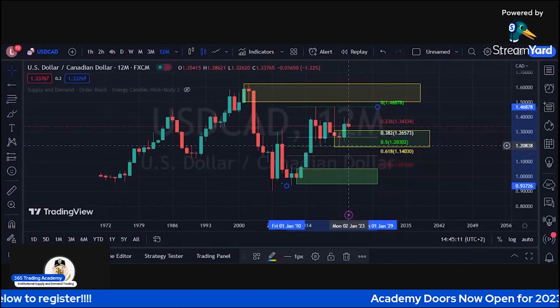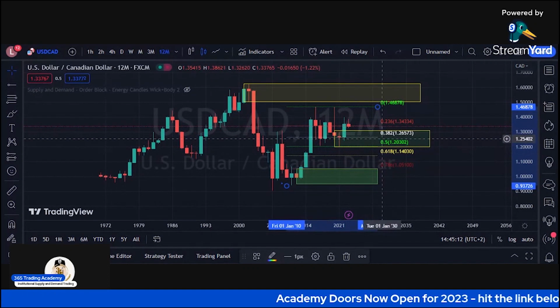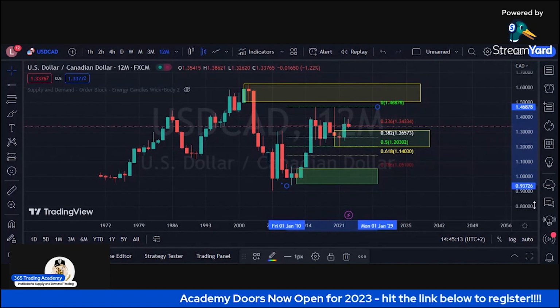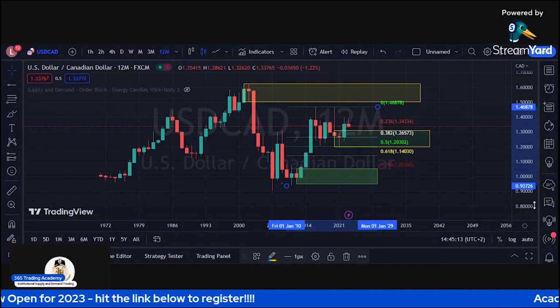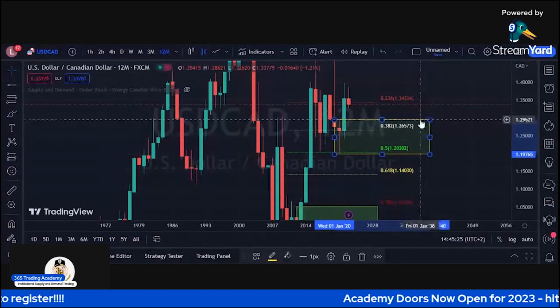Right, and you can see right there 0.38, clean potential continuation pattern, right? So prices are looking to move on ahead, in the very, very long run, along with trend.